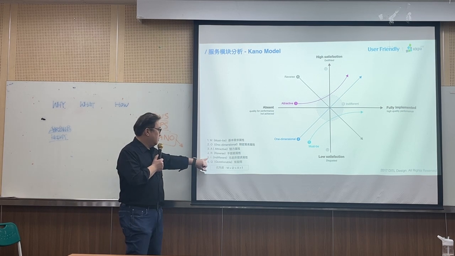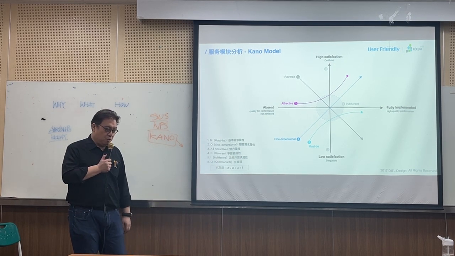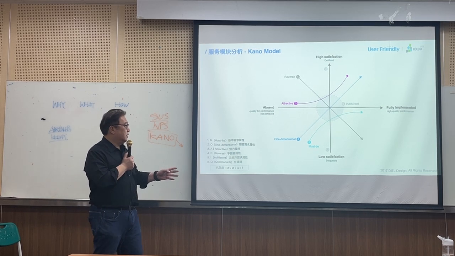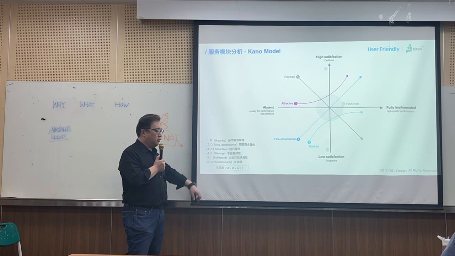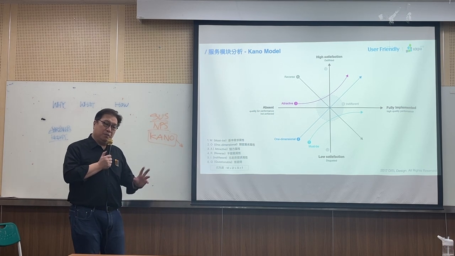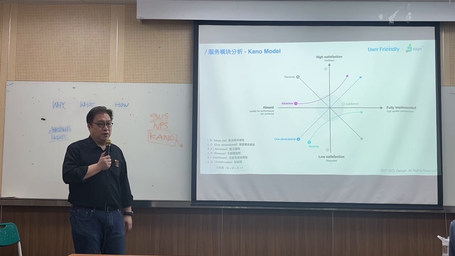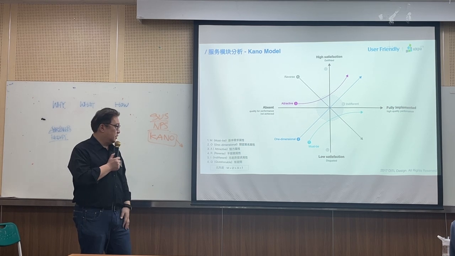Indifference is another interesting one: whether you do it or not, no one feels it. Another is questionable: some people really like it, some people really hate it, so you feel confused about the result.